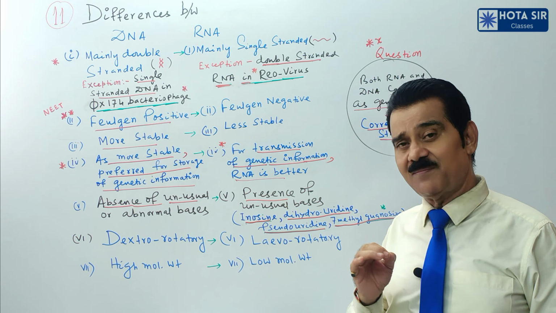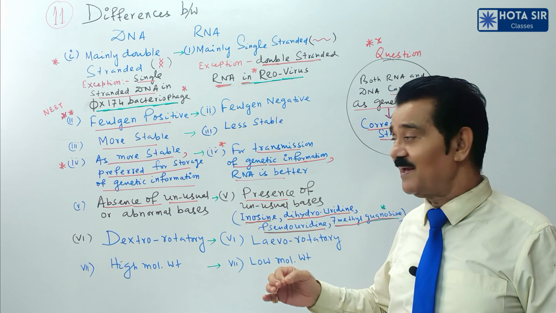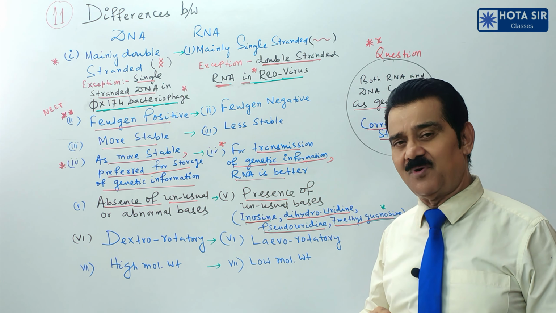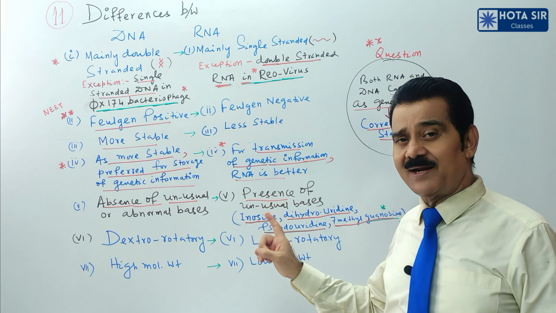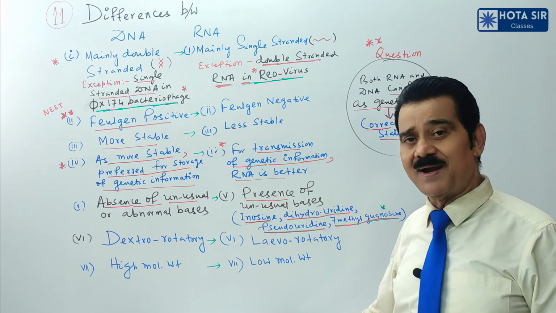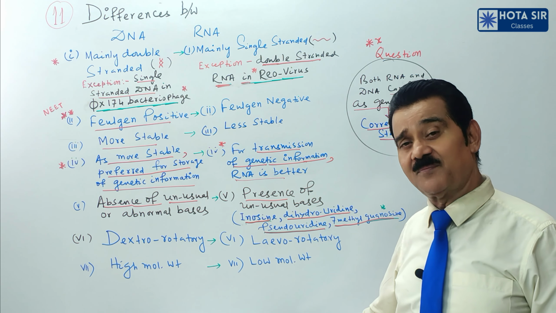Now next point, third point you see, that is DNA is more stable, whereas RNA is less stable. As DNA is more stable, it provides more stability, therefore I have written here, DNA is preferred for storage of genetic information. Very, very important. Now RNA is less stable, and it is better for transmission of genetic information.